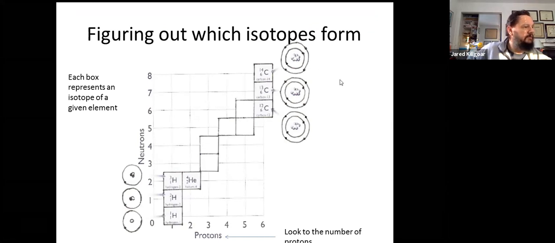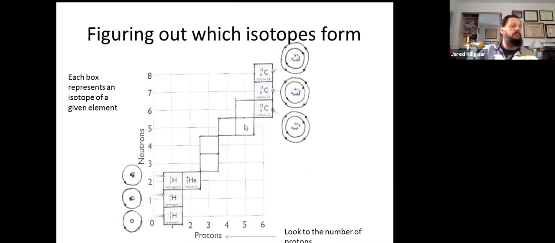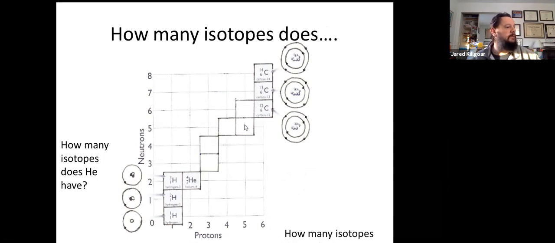Lithium here, which isn't filled in, has 2 isotopes, lithium-6 and lithium-7. Beryllium has beryllium-9 only, and boron has boron-10 and boron-11. We get those isotopes because we find the mass number by adding up the protons and the neutrons.